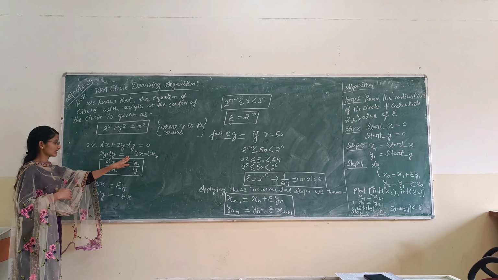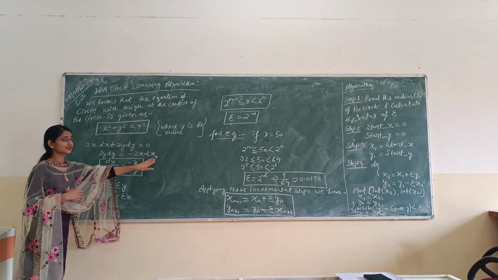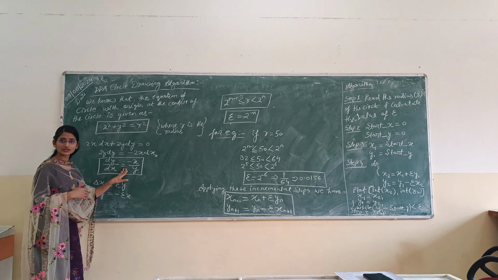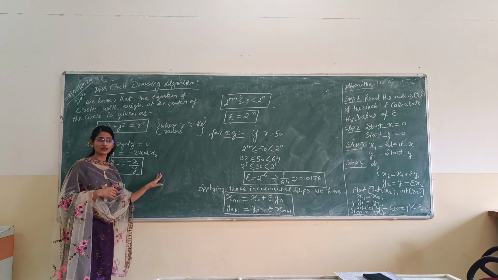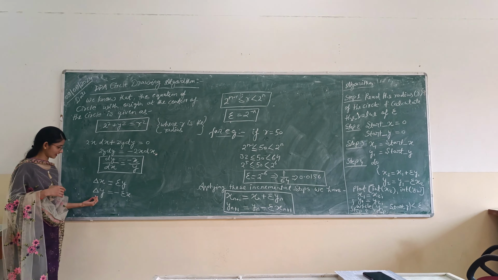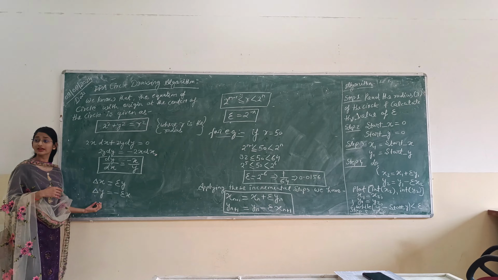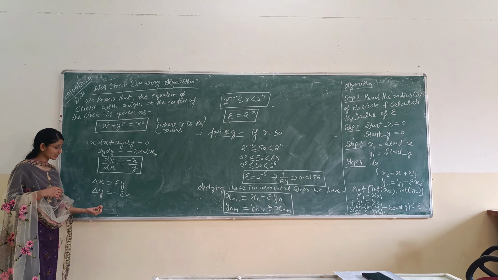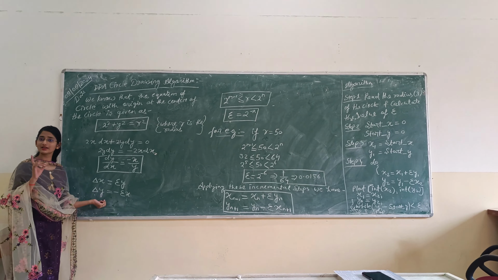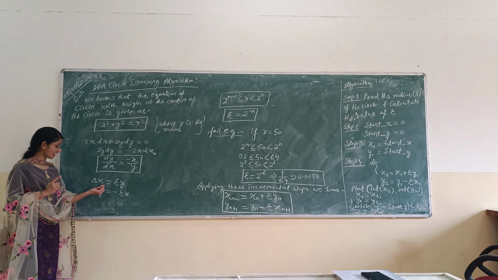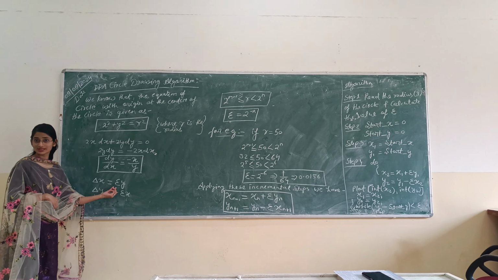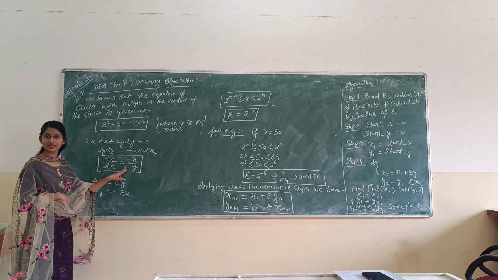2y dy equals minus 2x dx, and dy upon dx will be equal to minus x upon y. And then what will be the value of the next coordinates, delta x and delta y? These are called the incremental values of the x and y coordinates. So delta x equals epsilon y, which is taken from this differential equation.